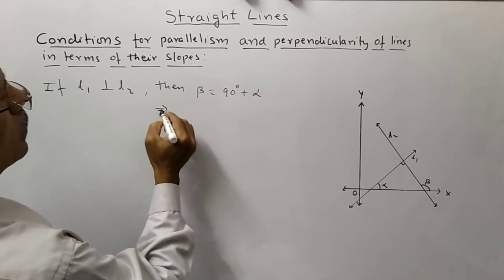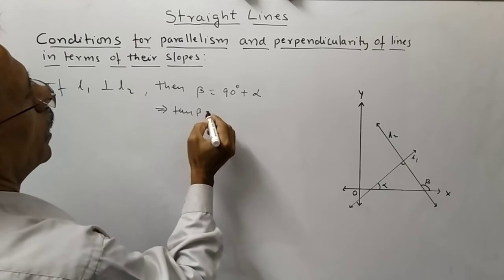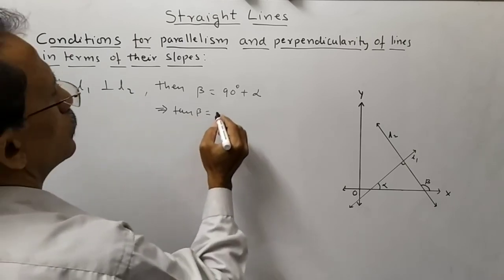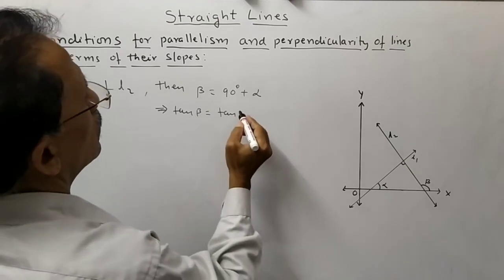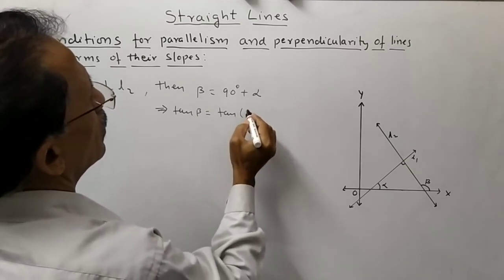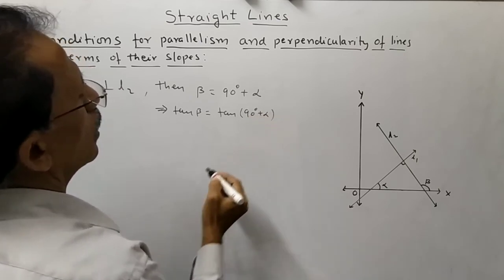This implies tan beta is equal to tan of 90 degree plus alpha.